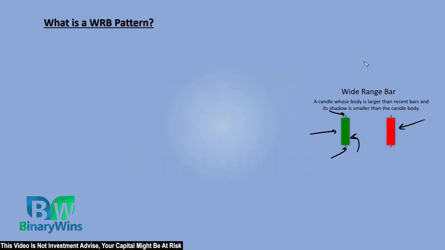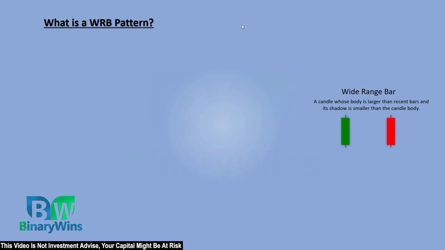For example, wide range bar candles are usually big candles. That is, they are large candles, which, in contrast to the shadow from above and below, have specific and large dimensions and indicate the strength of sellers in the market.